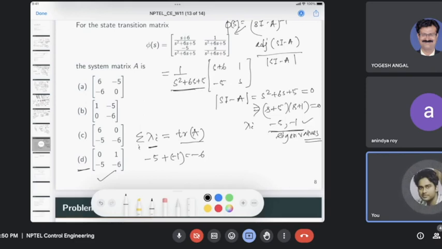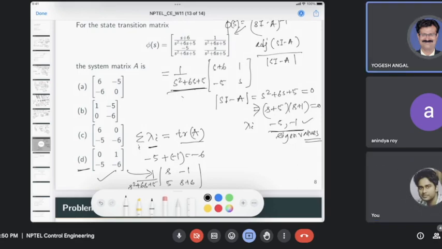It's also easy to check, because sI minus A will be what? s minus 1, 5, s plus 6, right? The determinant is already this one, so it is s square plus 6s plus 5. Okay, sorry, let me write properly.